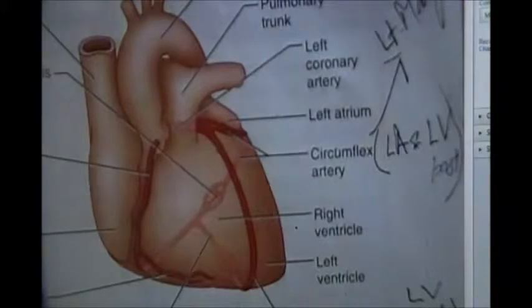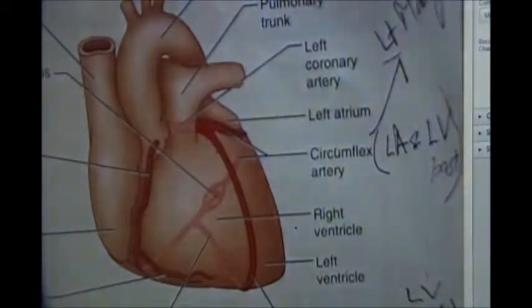The only branches of the arch of aorta are: on the right side, the brachiocephalic trunk, which divides into the right subclavian and right common carotid arteries, and on the left side it gives the left common carotid and left subclavian arteries. The coronary circulation occurs during the diastole, not during the systole.